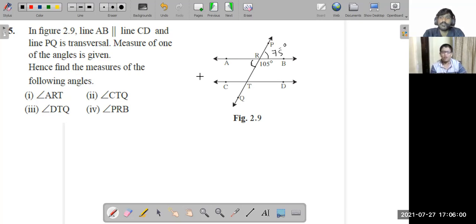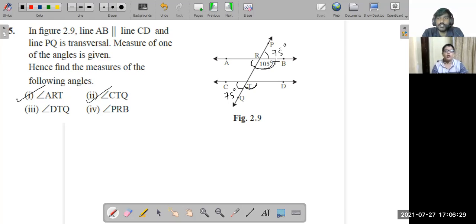Because vertically opposite. Yes. Have you written that point, vertically opposite? Yes. Okay, so first one done. Second one, CTQ, that is this 75 degrees. Also 75. What is the reason? Corresponding angle. Next, third is DTQ. So how much will be DTQ?